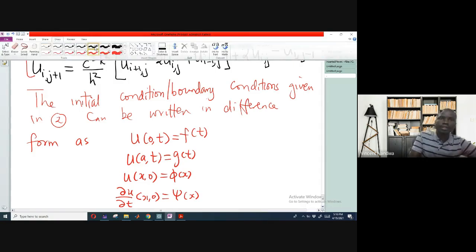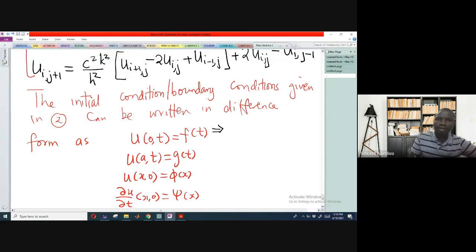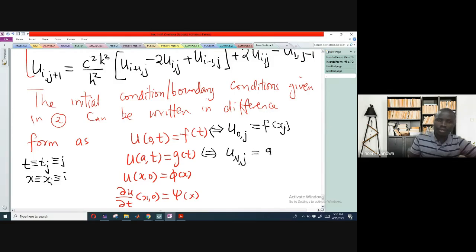So now with this new notation, the difference notation for this one will be u sub 0 comma j, because this is general t, and remember t is the same as tj, and we represent tj by simple j, and x is the same as xi, represented as i, equals f of tj. Then u n comma j equals g of tj.